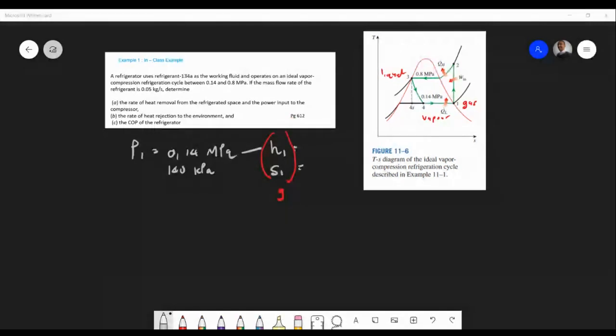So let's quickly get that. It seems Pereira says 276. What I'll do is copy the table.